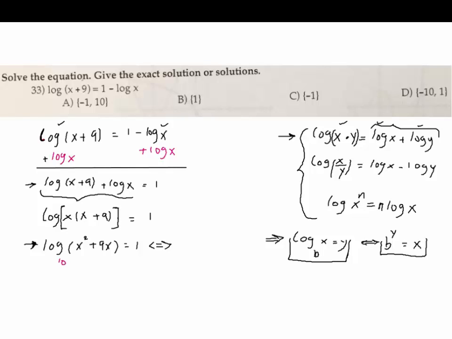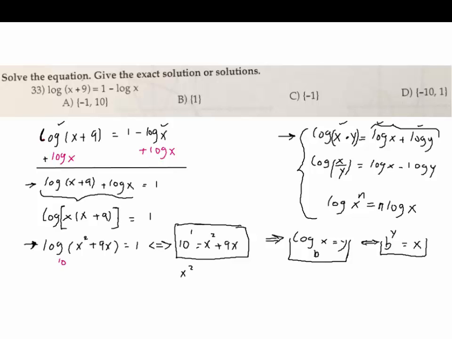If there's no number there, it's 10. So that would be 10 to the power of 1 is equal to all this number here, x squared plus 9x. So this is what you solve for to eliminate log.